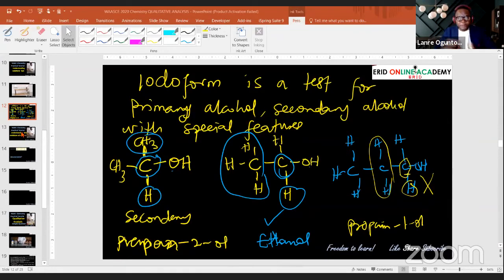So now I think everybody understands that when you have a colorless substance that has a spirit smell and you carry out the iodoform test and it is positive, then you can infer that that substance is an alcohol. Okay, it's either a primary or a secondary alcohol.